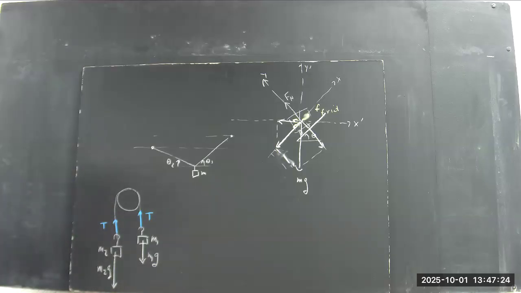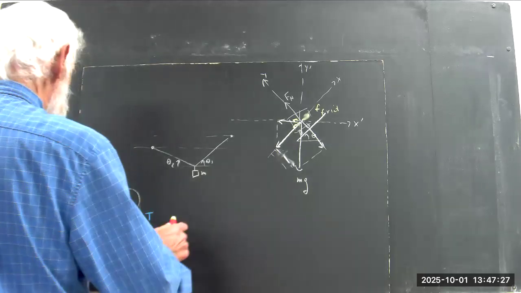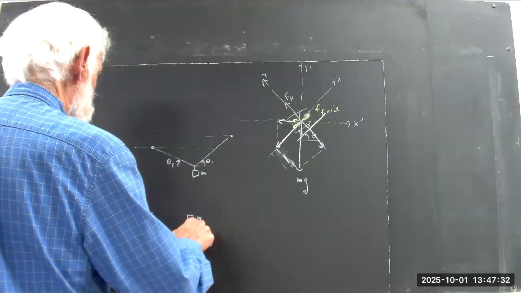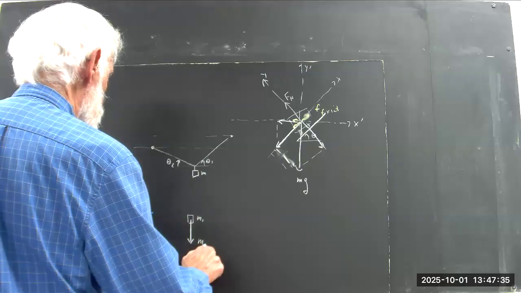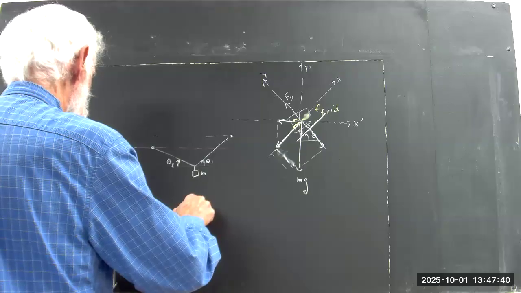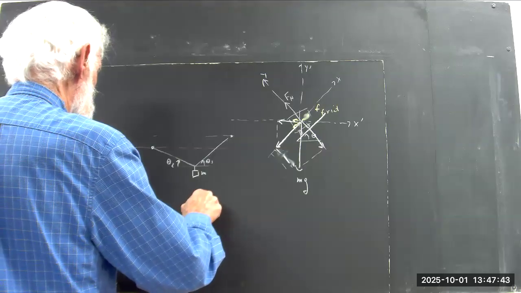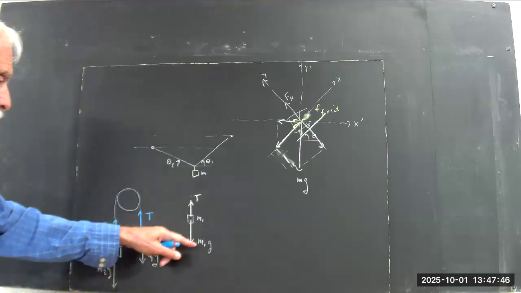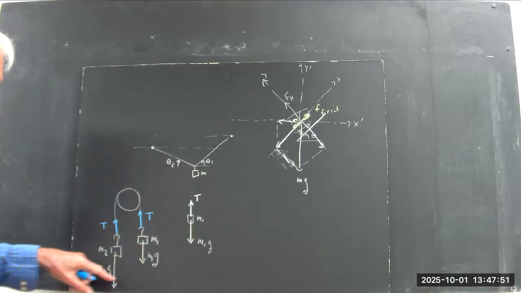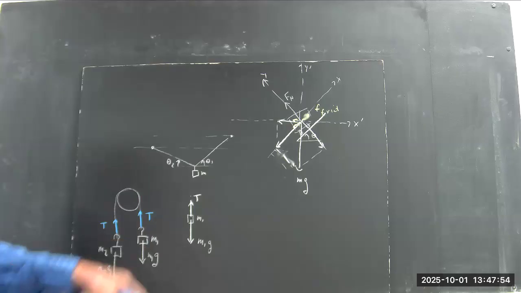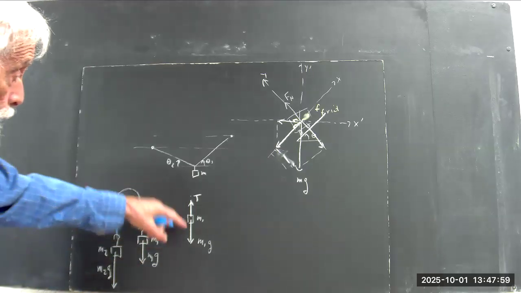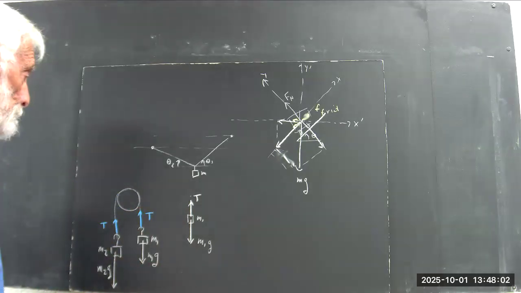So what you have is mass M1, you got M1G and T here, where if mass M1 is less than mass M2, tension is going to be shorter than your M1G. Okay? Shorter than your weight. The tension is going to be less than your weight.